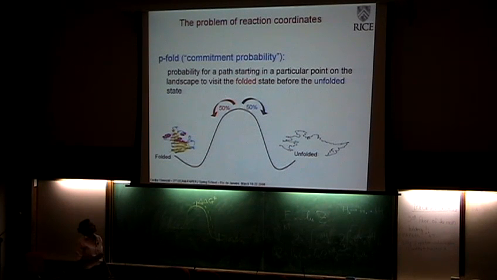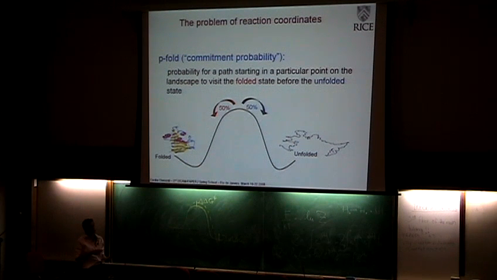It has been proposed that the best way to study this problem is with the so-called P-fold, or commitment probability. Meaning, you can define, in principle, for each structure, at a given temperature and with a given energetic model, the probability, if you start an infinite number of trajectories from that structure, of visiting the folded state before visiting the unfolded state.